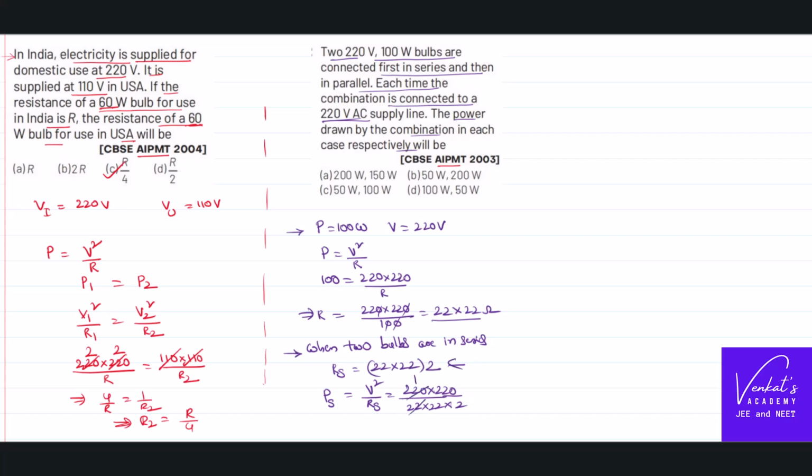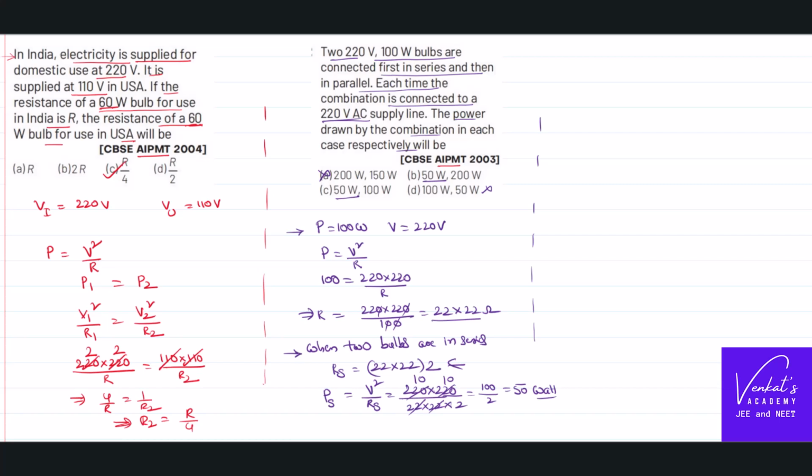This 22 is 10 times, this 22 is also 10 times, that is 100 by 2, that is 50 watt. So power in series is 50 watt. It is there only in the first, second and third options. The other two options are obviously wrong. I have to identify which of these options is the correct one.